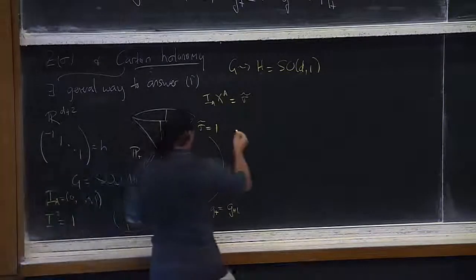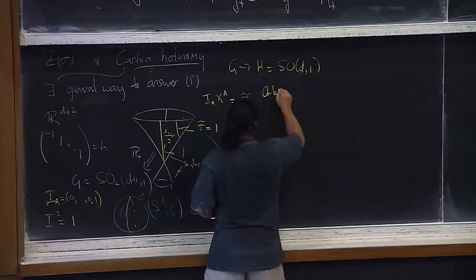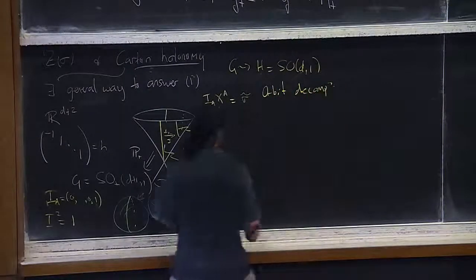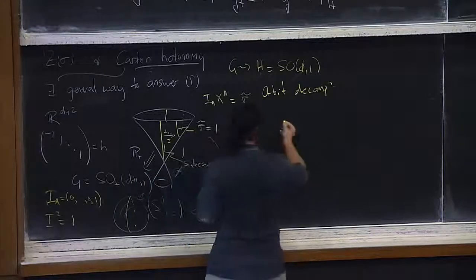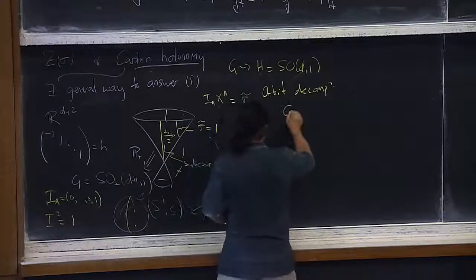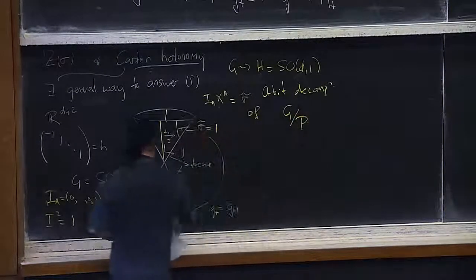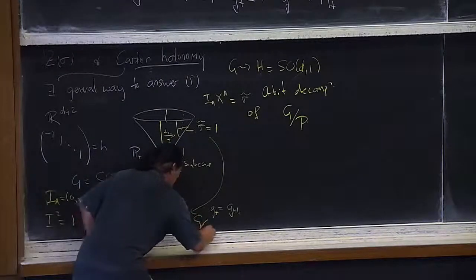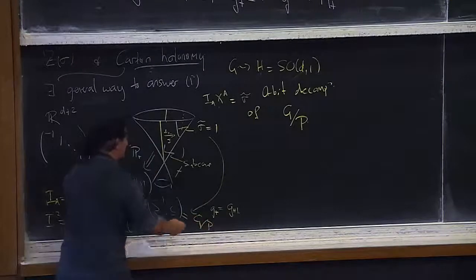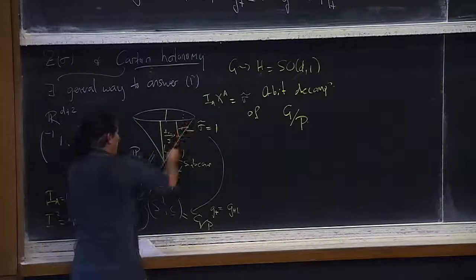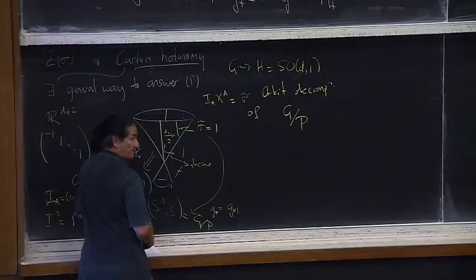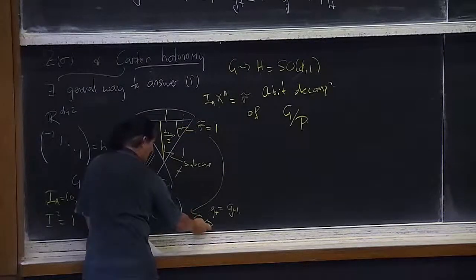So it's an orbit decomposition of G mod P, right? This sphere we can think of as being G mod the isotropy group of a point. So this is the isotropy group of one of these null generators, the stabilizer of it, so this is a parabolic subgroup.